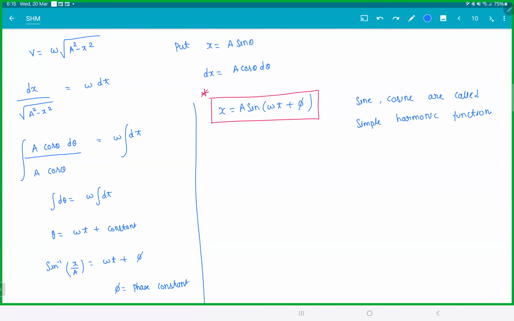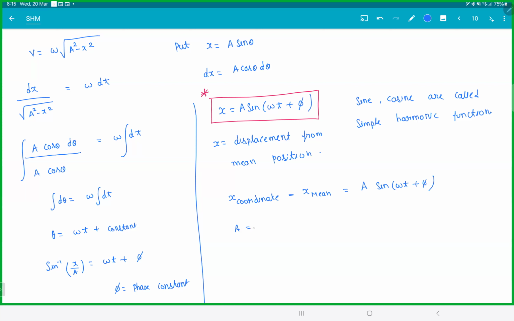So if you write a more generalized function here, what is x? Here x is the displacement from the mean position. So you can actually generalize the function more. We can write x coordinate minus x mean is equal to a sine of omega t plus phi.